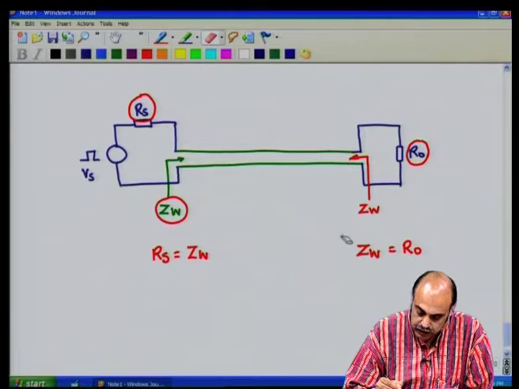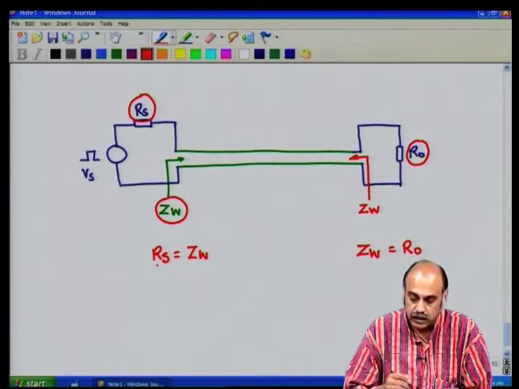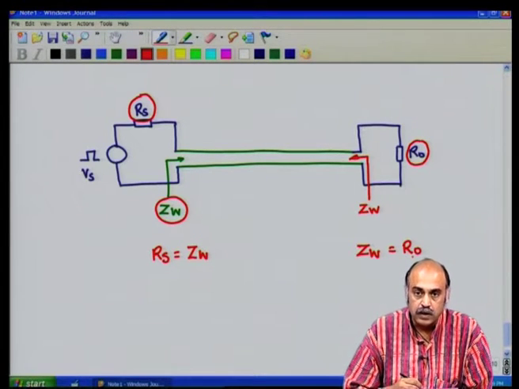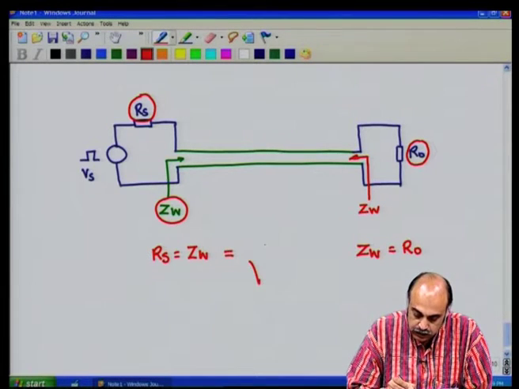Anyway, the wave impedance ZW should be made equal to RS on this side, and ZW made equal to R naught on this side. And what is ZW equal to? Nothing but root of inductance per unit length by capacitance per unit length.